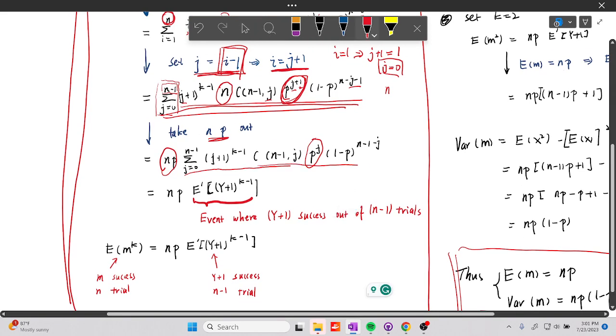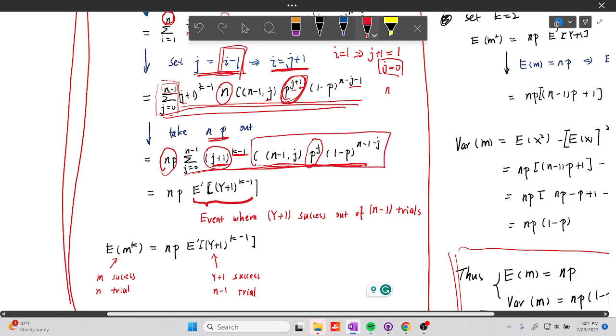And this equation, if you look at it, is pretty much the expectation value of j plus 1 to the k minus 1 power of this distribution.